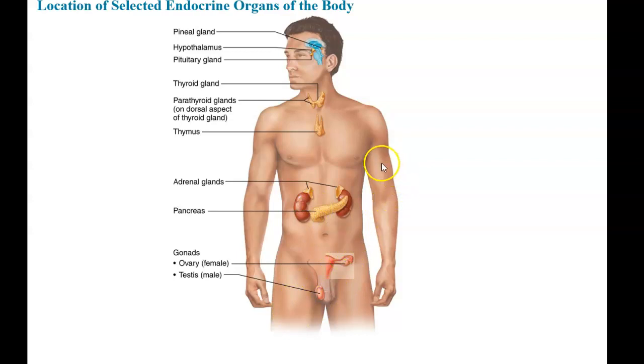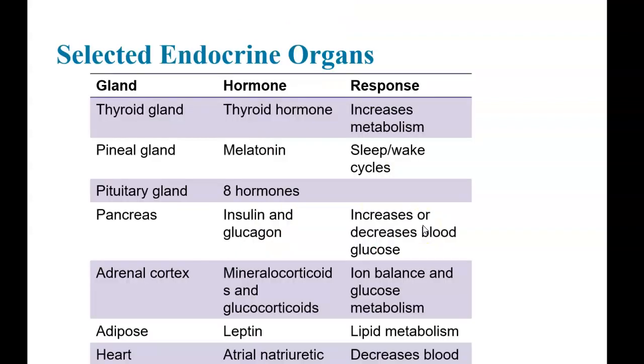So the one that we're not going to talk about in this lecture is going to be the thymus, but we are going to address the hormones that the other glands secrete. So for this lecture, you do have to know the different glands, which are already listed here for you.